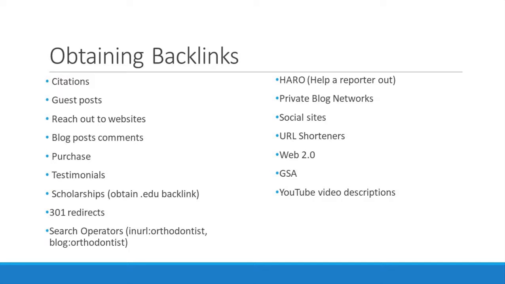Then there's social sites. Get Instagram, Facebook, Twitter, all those sites. When we do our online branding, all those sites are pointing back to us. And when we do posts and tweets, it's got it on there. So that way we can drive social traffic and signals. URL shorteners is another little trick. And one thing is that you take a URL shortener, then you point to a post on Facebook.